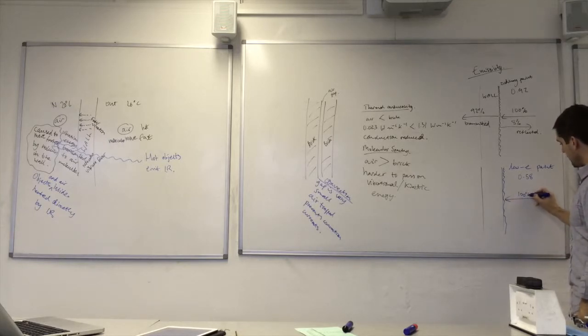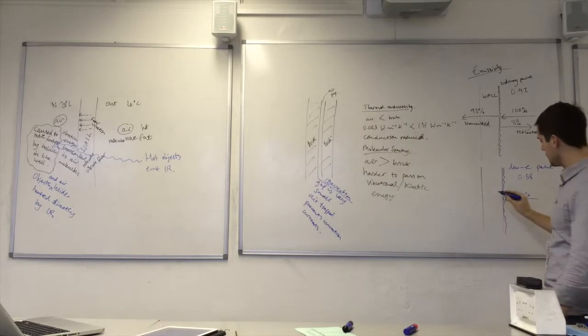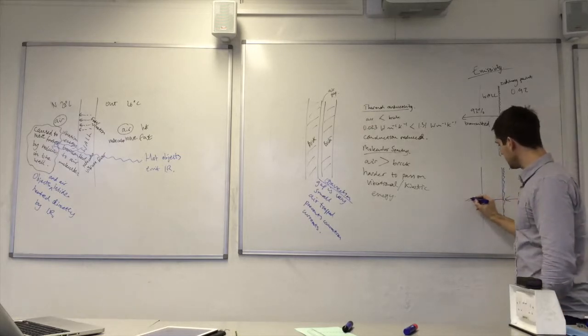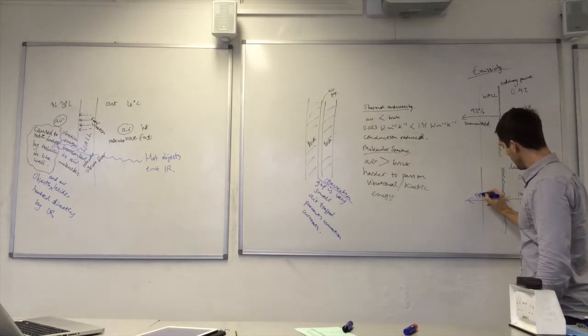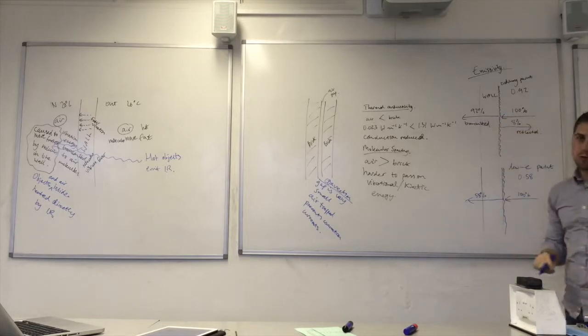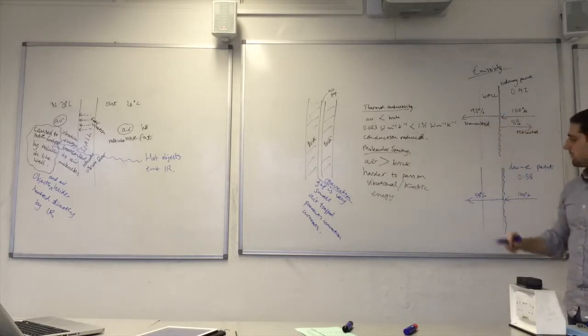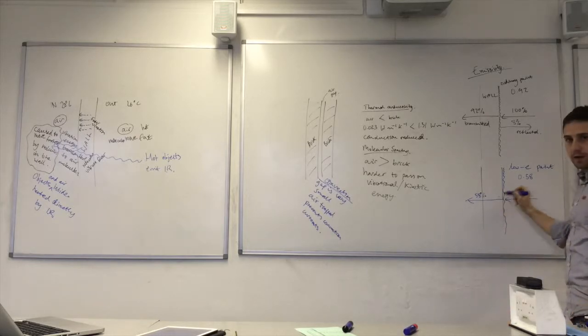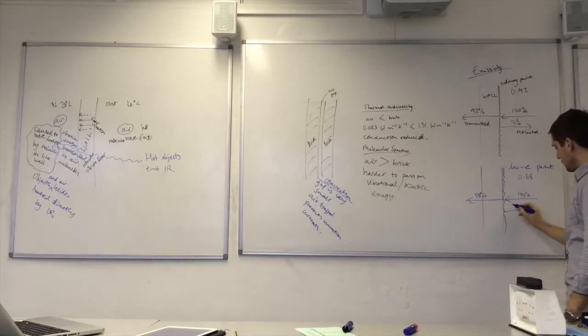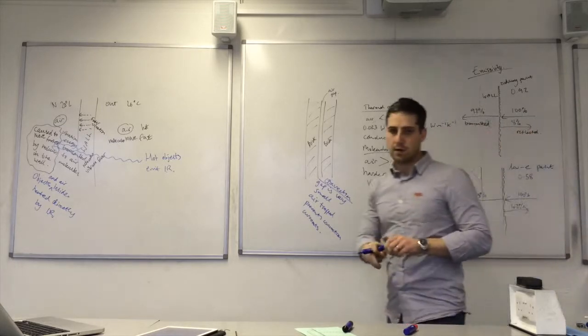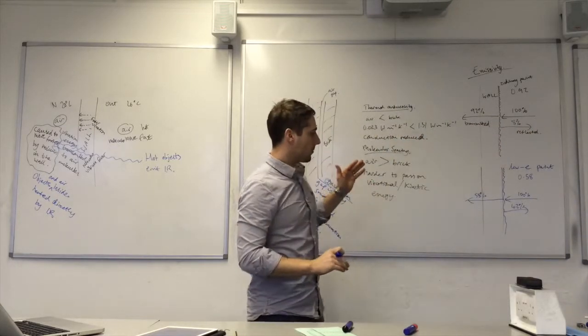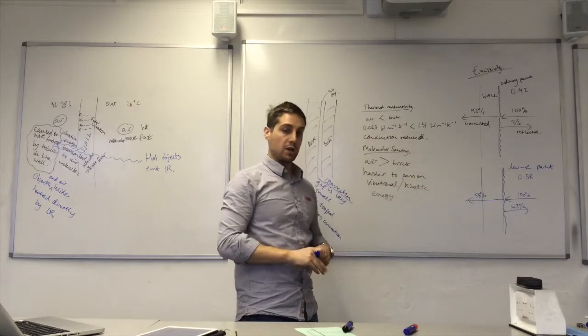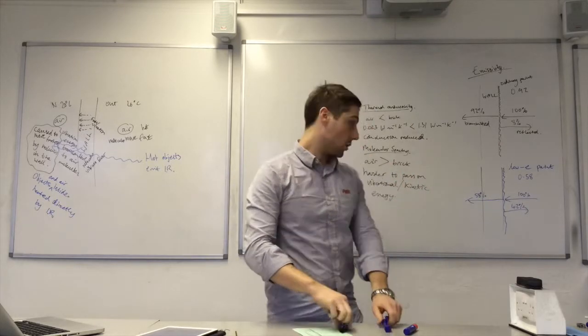So we have an incoming 100%, 100 times 0.58 gives me 58%. So that's a lot lower than the transmitted value for ordinary paint. And then the remainder is reflected. That's 42%. So you can see that the amount reflected by the low E paint is much larger than for the ordinary paint.